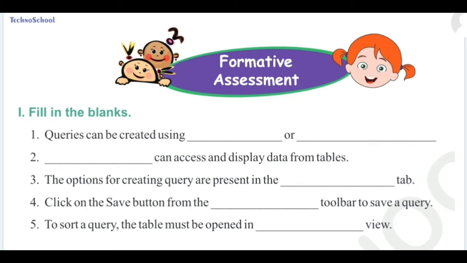You can write the answer: query design view and query wizard. Clear? Using query design view, we can set a query for our table, and with query wizard you can create queries in your table.